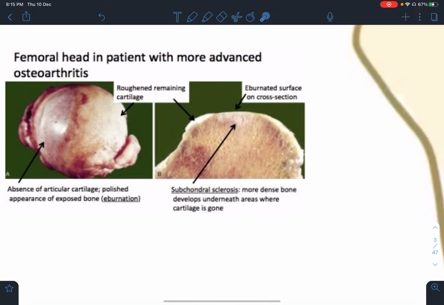It's much easier to have subchondral sclerosis. خلاص حيكون كده باين التصلب الزايد هذا في البونز، في أطراف البونز ملحوظ يعني في ال osteoarthritic patients.